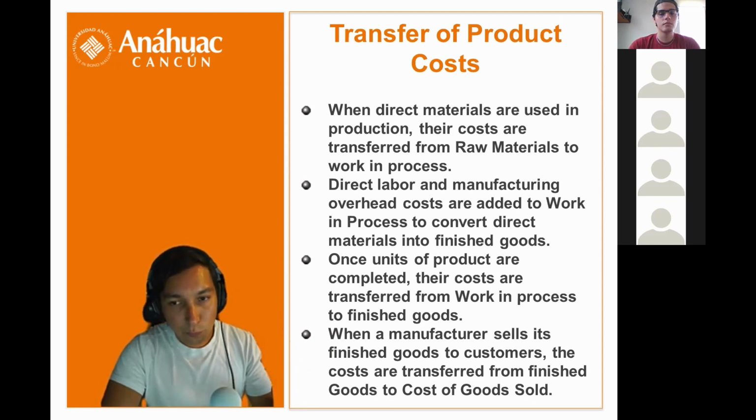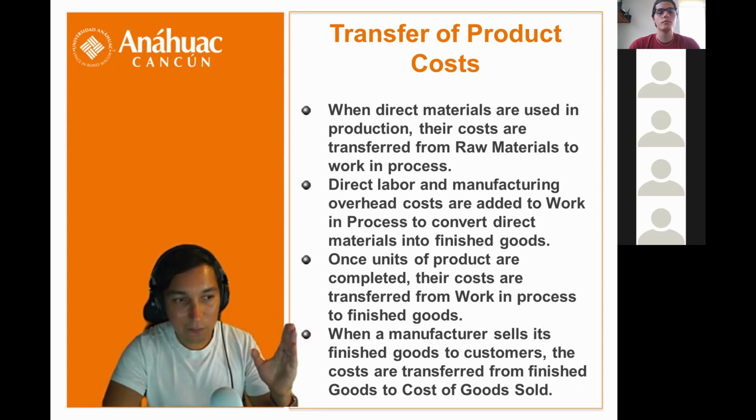We work on that product, and as we work on that WIP, it becomes finished goods. So once those units of product are complete, they are moved from WIP into finished goods. Remember that: raw materials, WIP, and finished goods.